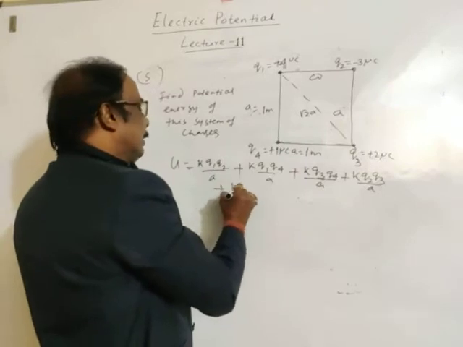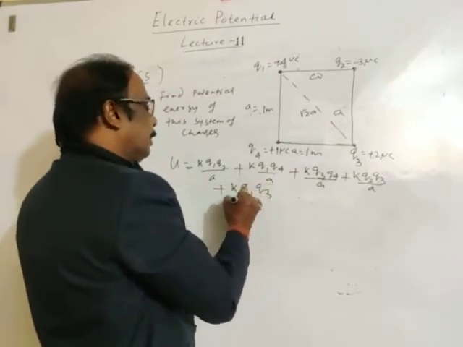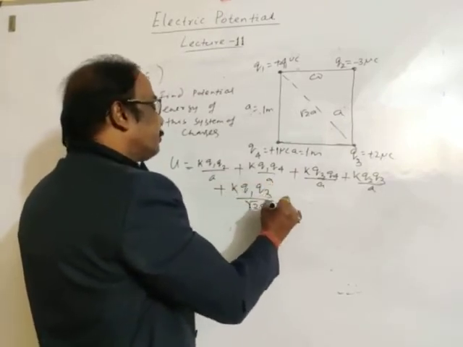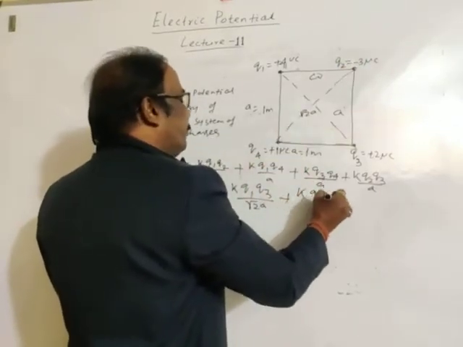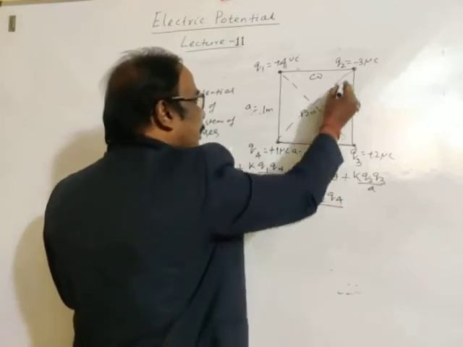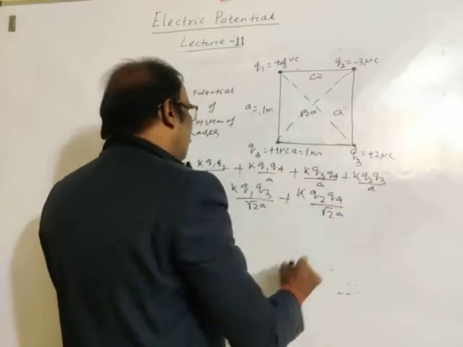So plus K Q1 Q3 divided by root 2A. Between these two charges, K Q2 Q4 divided by, again distance is root 2A.